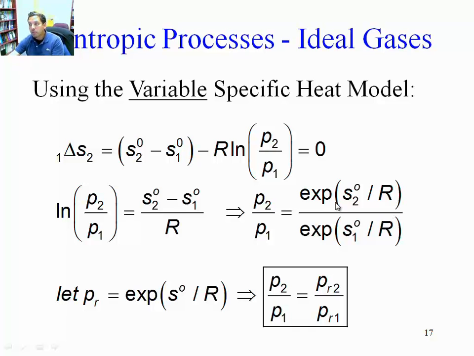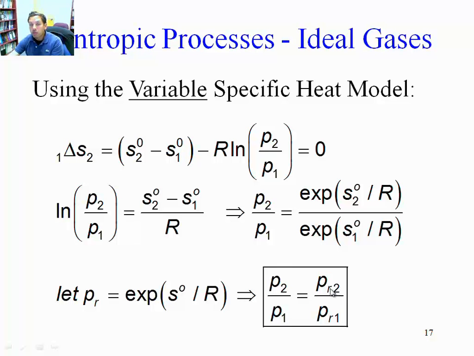PR is equal to the exponential of S0 divided by R. And that PR can be found in the table. And now we know that for isentropic processes, this relationship is maintained. P2 over P1 is equal to PR2 over PR1.